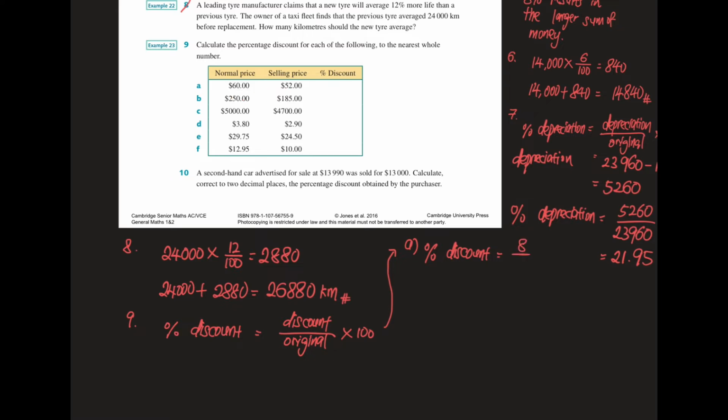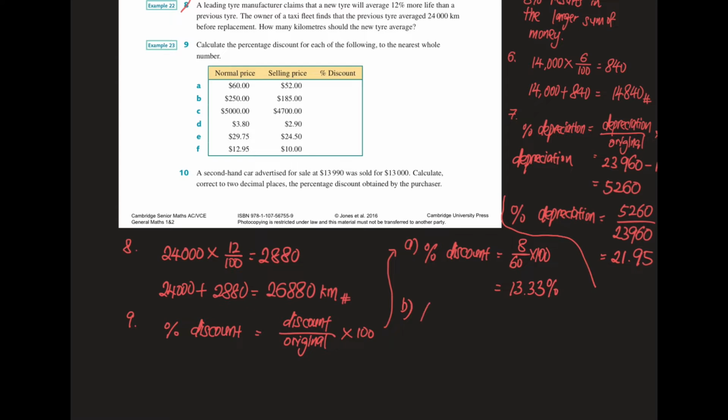So the discount is $8 over the original 60 multiplied by 100. Then we check with calculator. 8 over 60 times 100, then we get 13.33%.